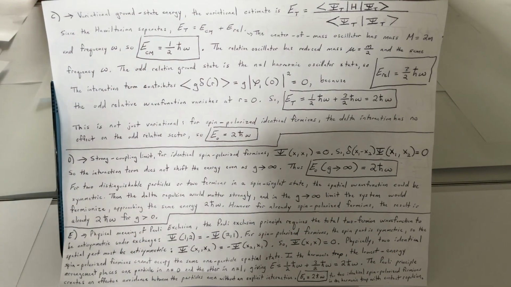The Pauli principle creates an effective avoidance between the particles even without an explicit interaction. And we could say E naught is going to equal 2 h bar omega for two identical spin polarized fermions in the harmonic trap with contact repulsion.